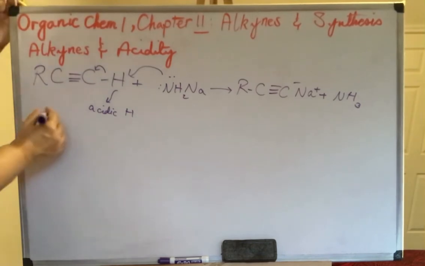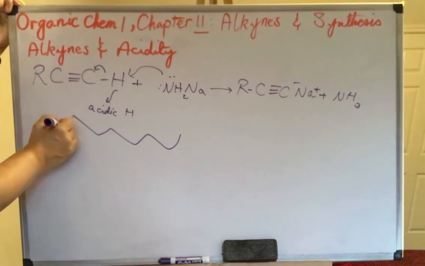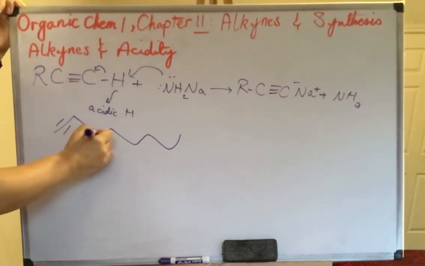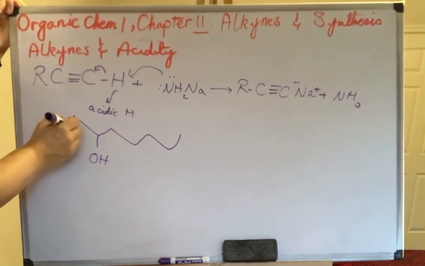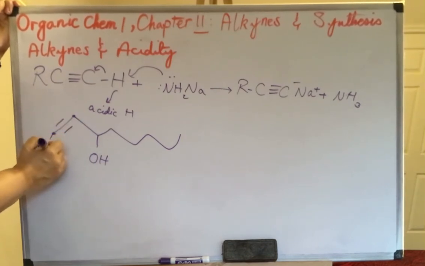So let's see which one of these compounds will have the most acidic hydrogen, which one will be removed the fastest by a base. This is a carbon here, this is a carbon here, this carbon is connected to a hydrogen.